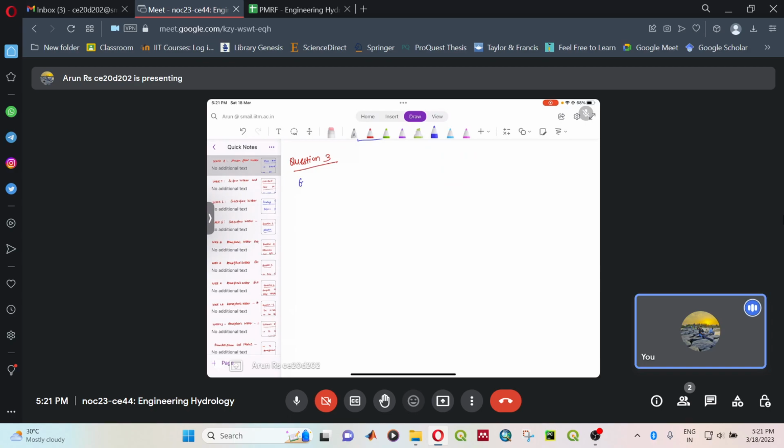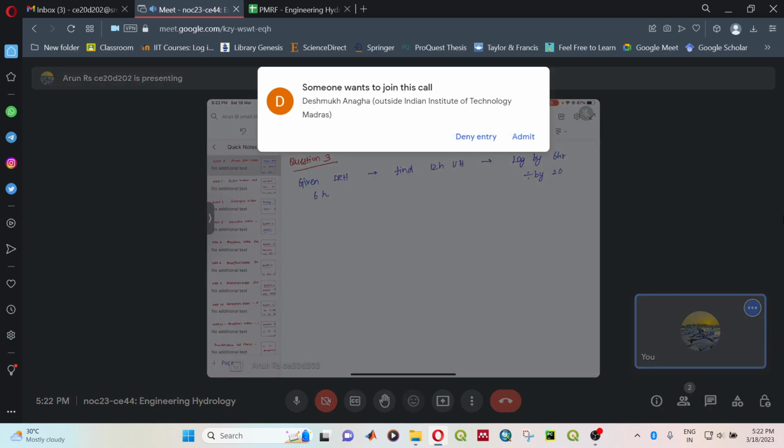So here they have given the DRH, and we need to determine the 12-hour unit hydrograph, and this DRH is for 6-hour duration. So first thing is we need to lag by 6 hours and divide by 2 centimeters.